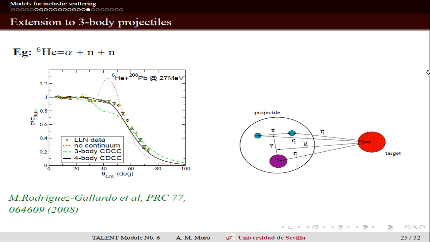These couplings, in the case of a heavy target like lead, have a very long range, and this is because a main part of this interaction comes from the Coulomb potential. Because we have a heavy target, the Coulomb interaction is very, very strong, very important. So actually the dipole part, that is the first multipole able to produce transitions, is very, very important here.